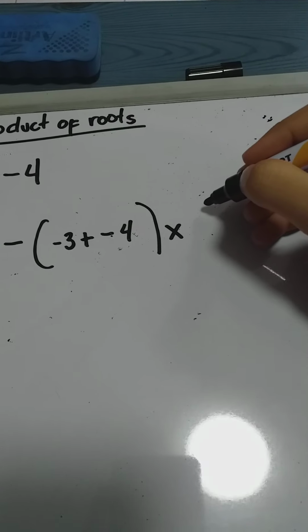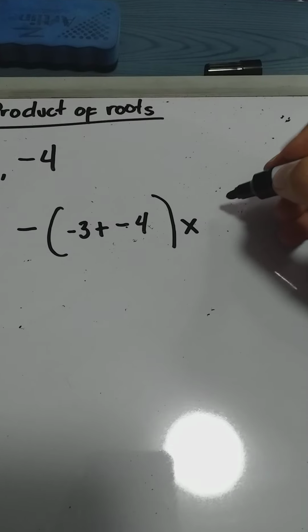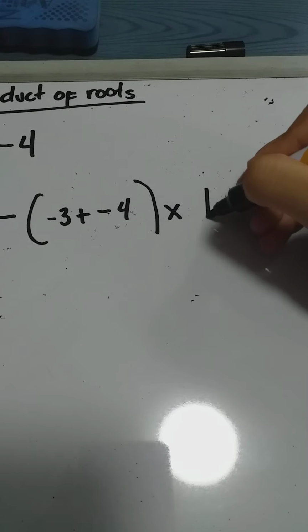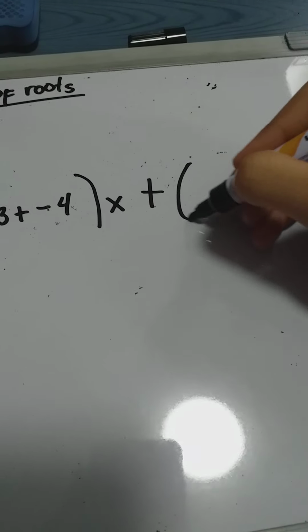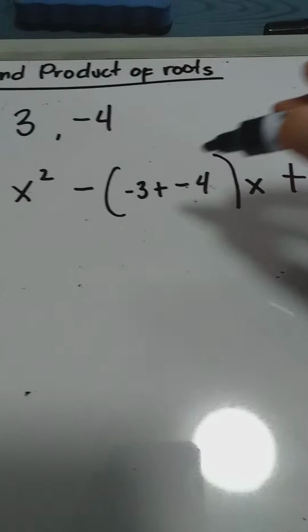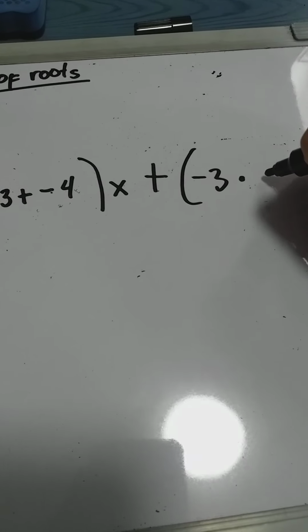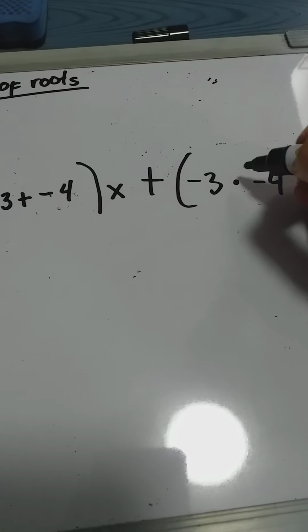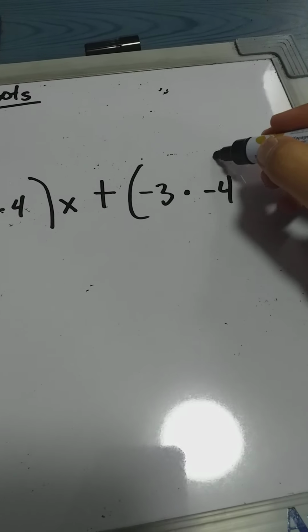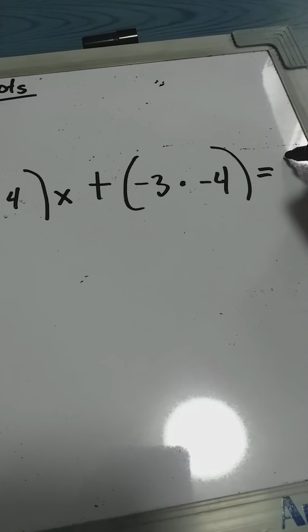Then there's always an x, don't forget the x in the middle, then the consistent plus again, and you put the product. You just put negative 3 again, a dot, and negative 4. What is this dot? That's the sign of multiplication.